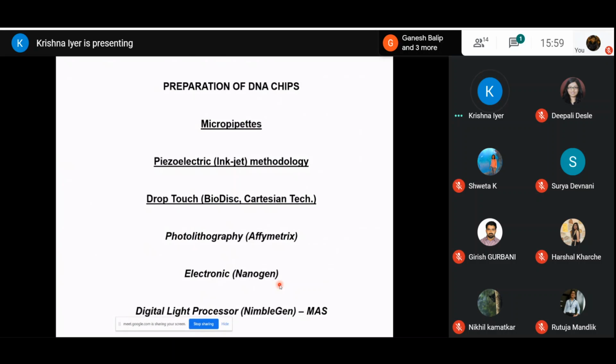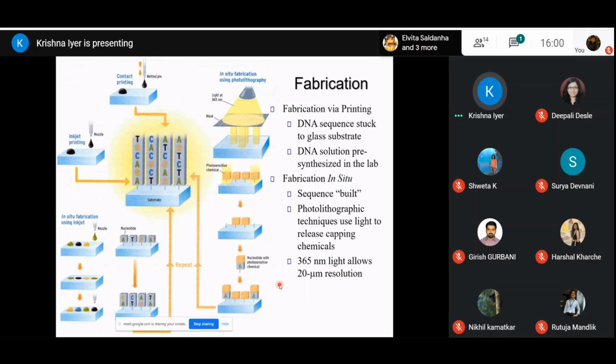Again, the technology for synthesis that is used is the same as what you do for synthesis in a test tube, except it is now done directly on the plate. So what we mean now is that the chip is actually fabricated in situ.